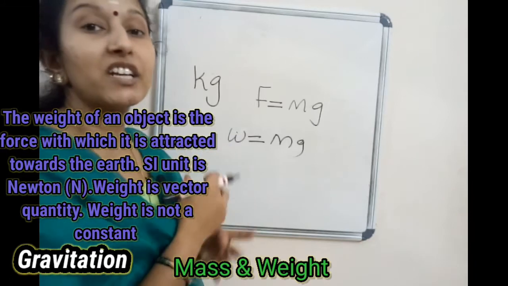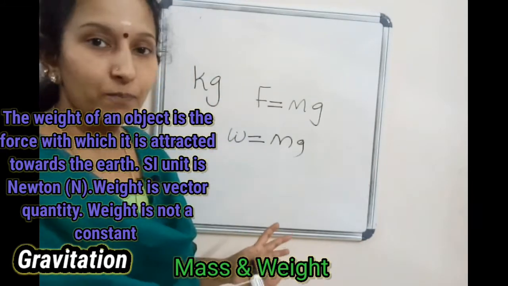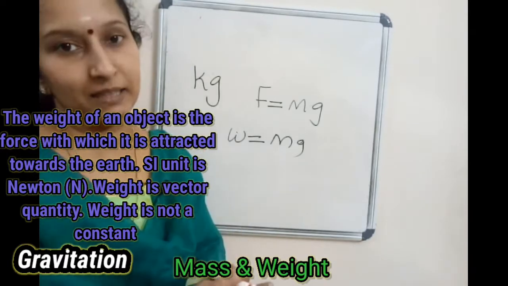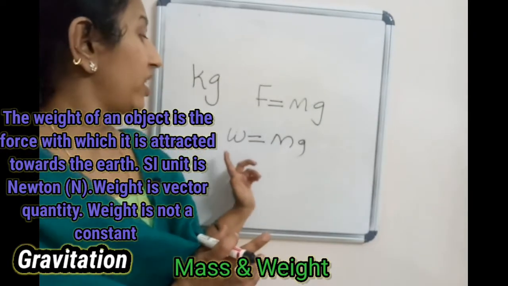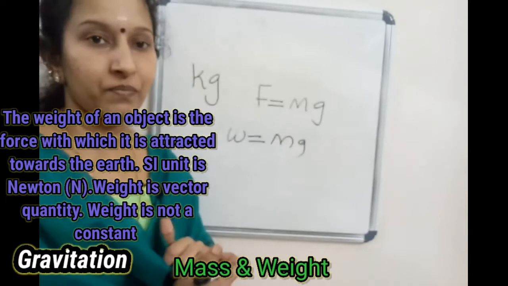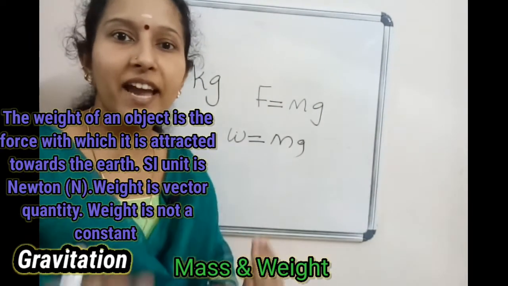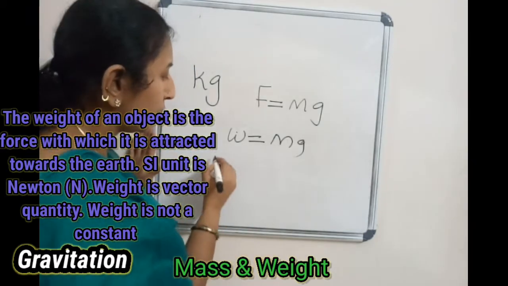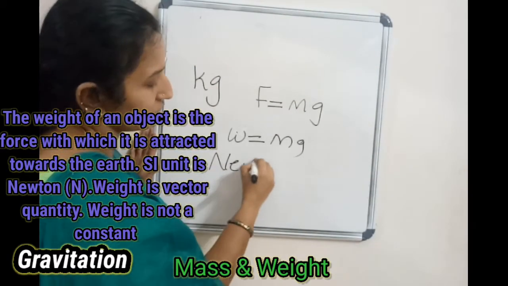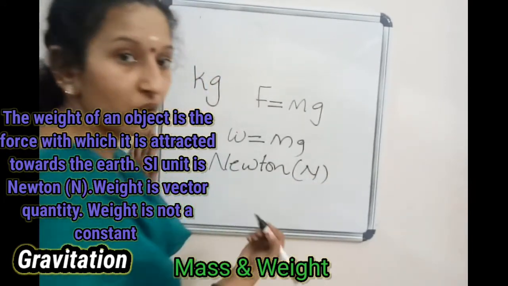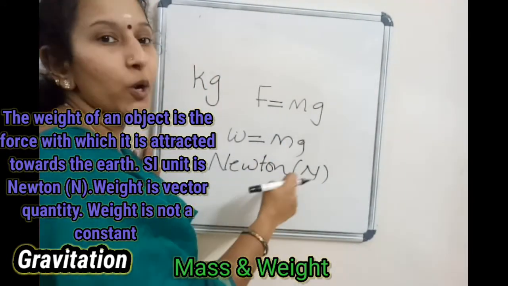So weight is the attractive force between that object and the earth, or the force with which it is attracted towards the earth, and the equation for weight is W equals mg. Weight is an attractive force, so you can use Newton as the unit. The unit of weight is Newton, because it is an attractive force between the object and the earth.